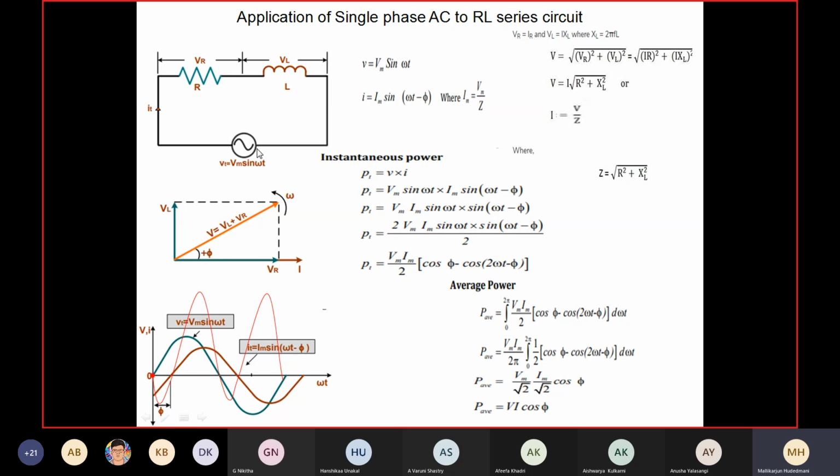I come to them one by one. I go around the circuit and I will find two elements. One is the resistor, R ohms. What is VR? The voltage across the resistor. What is the value of VR? I into R. So the potential across the resistor is I into R. Now I want to understand what vectorial relationship exists between the voltage across the resistor and the current through the resistor.